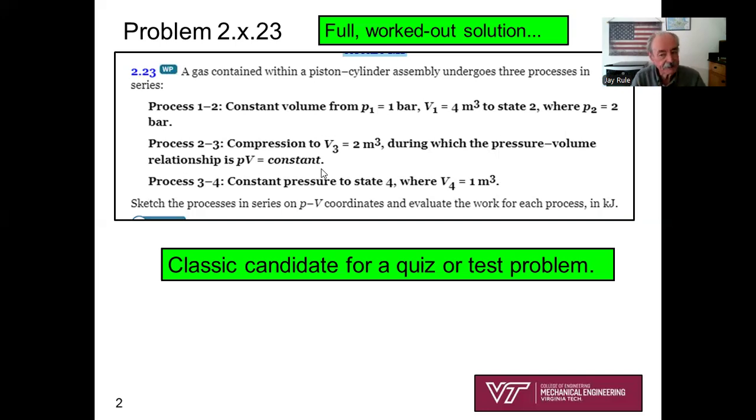I picked this not exactly at random, because this is a classic candidate problem for a quiz or test. This level of complexity would be very representative of a quiz or test question.